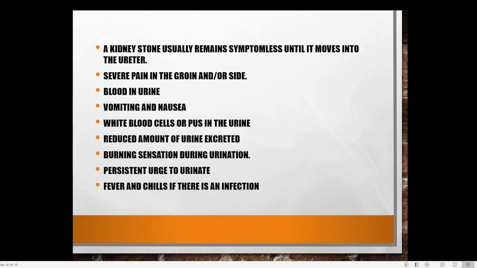And then frequent, persistent, meaning constant, desire to urinate, because the urinary bladder is never fully emptied. The person may have a lot of urine still remaining even after urinating.